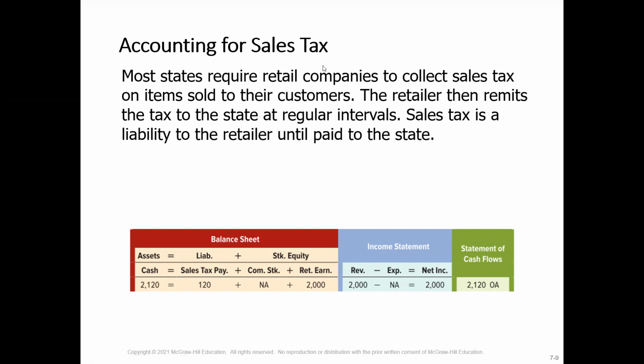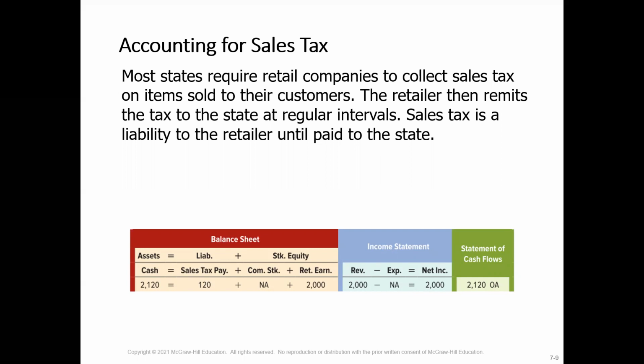And that's what we have going on here. We had a company which apparently has a 6% sales tax, received $2,120 in cash from a customer for the sale of $2,000 worth of goods. So our revenue account is what we received for the sale of goods.